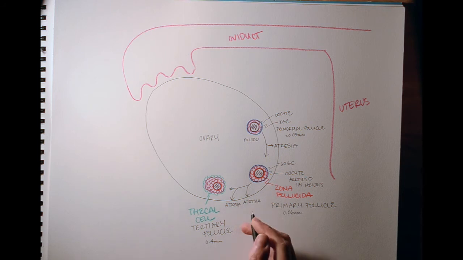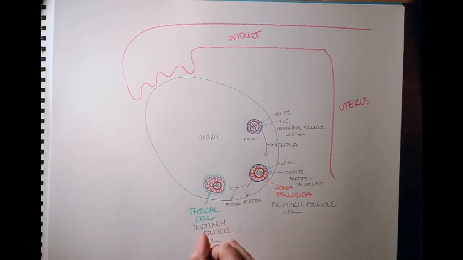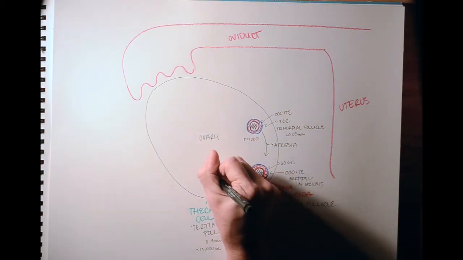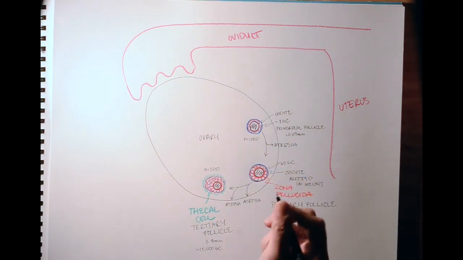It also is increased in granulosa cell content, so now we have about 15,000 granulosa cells. We've gone from 8 granulosa cells to 15,000 granulosa cells, and of course during this process we've lost a significant amount of follicles along the way, so that now we end up with, at our tertiary follicle stage, about 200 follicles.